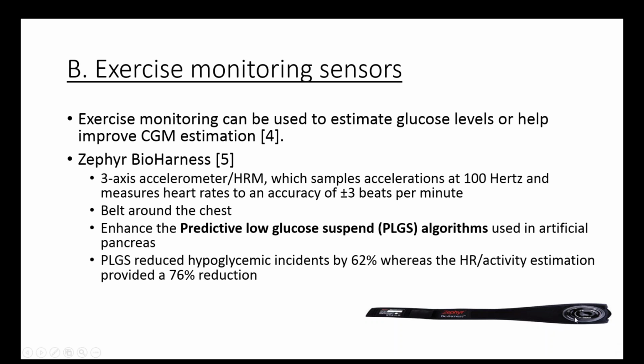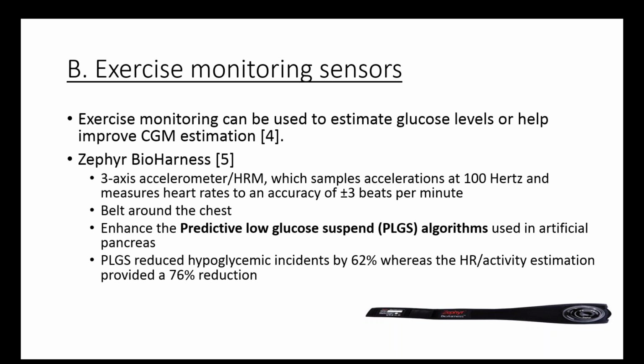So this is BioHarness. I'm not fond of things that go across the chest, but it's an easy way to get the heart rate, and it's probably less conspicuous than wearing something on you. It's a 3-axis accelerometer, and the heart rate monitoring, with an accuracy of plus or minus 3 beats per minute.